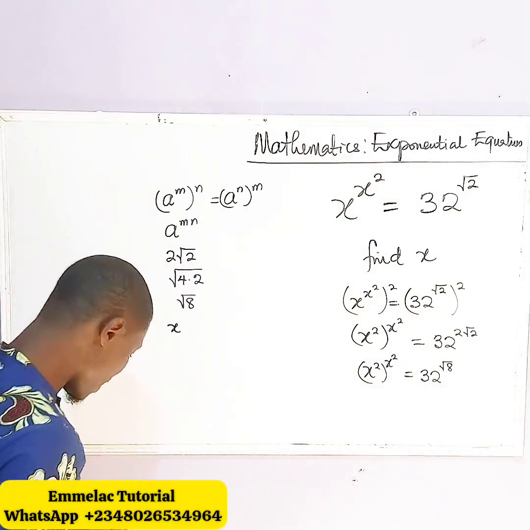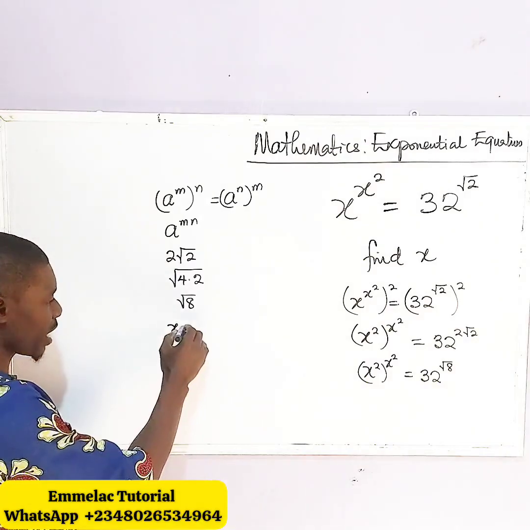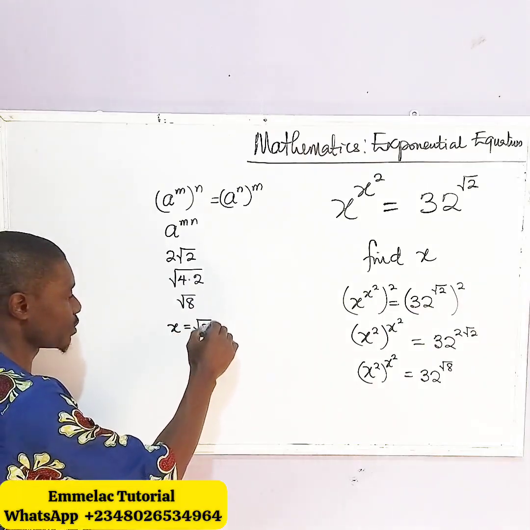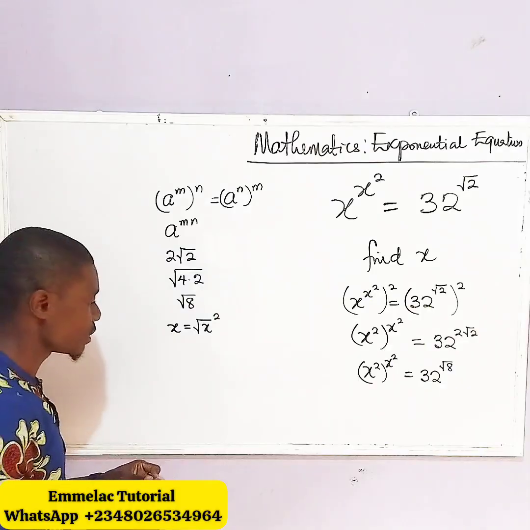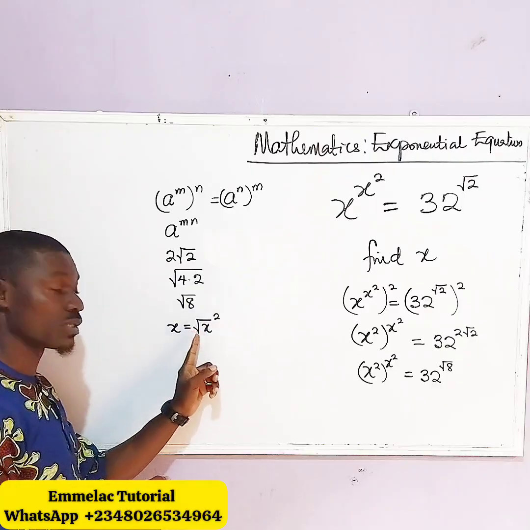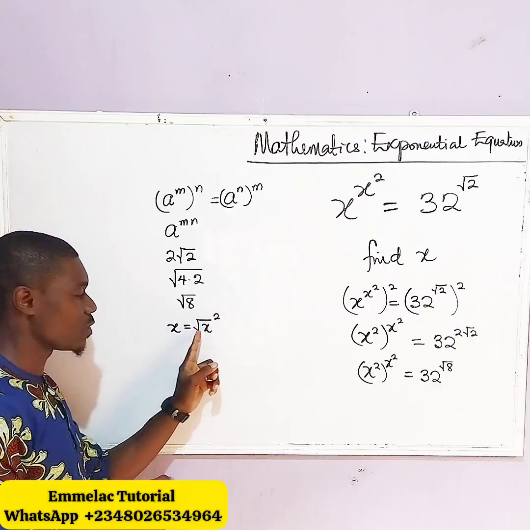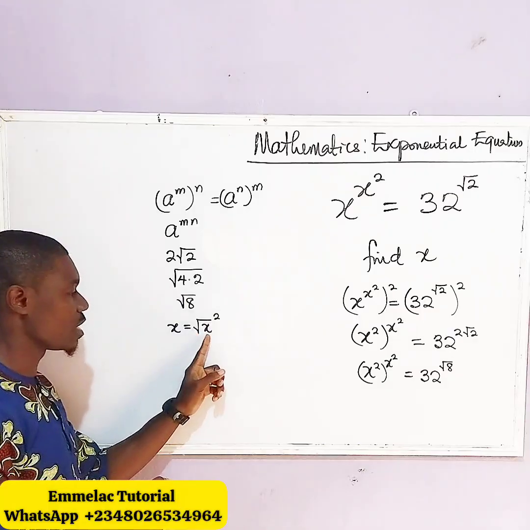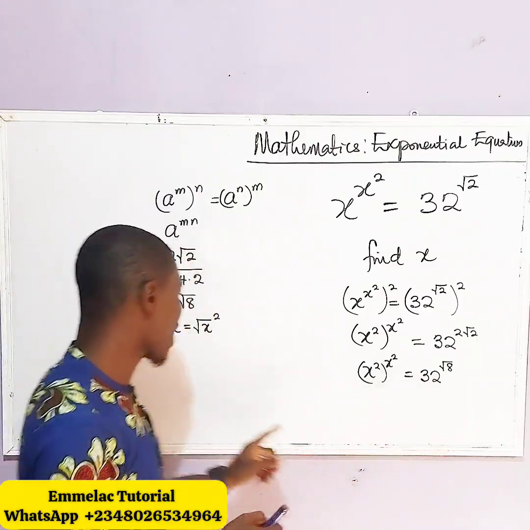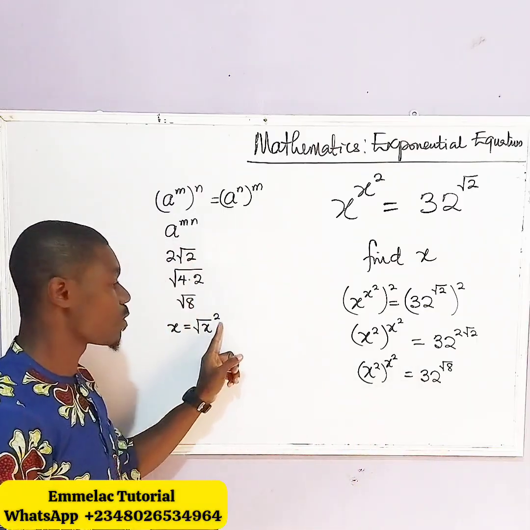I can choose to rewrite this as the square root of x raised to the power of 2, because this square cancels out this square root, leaving us x. Which means I can write this 32 as the square root of 32 raised to the power of 2.